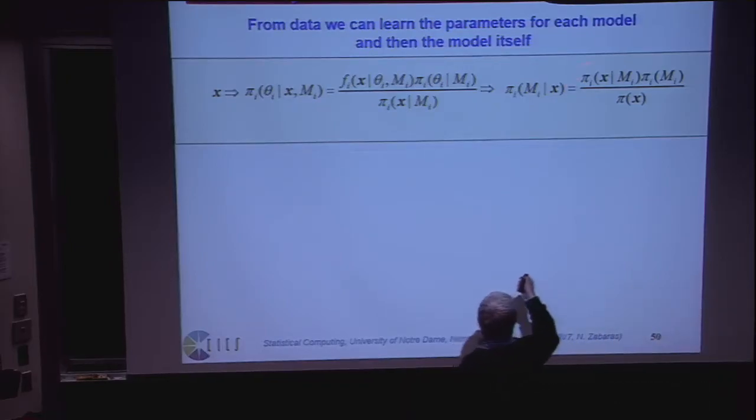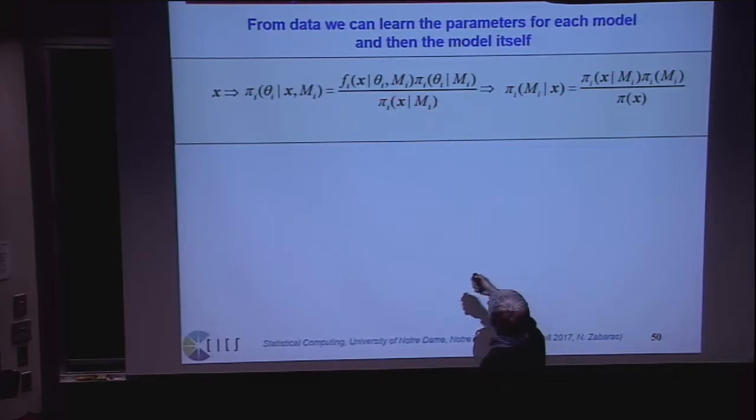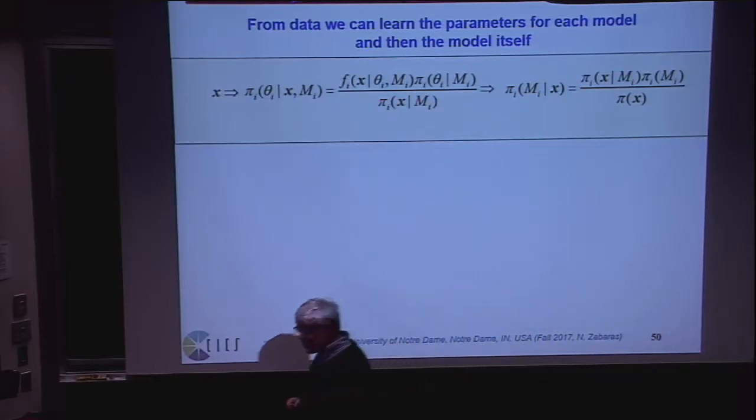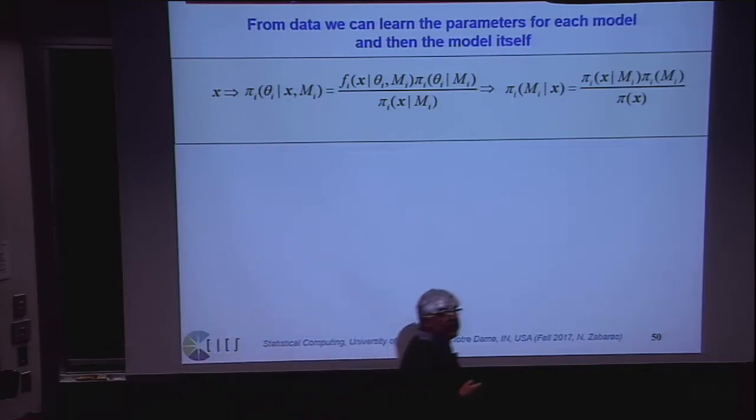We said this here is the evidence, the marginal likelihood for model MI. So what is pi of x? What is that pi of x in the denominator there? I don't see an MI there. So what is pi of x?